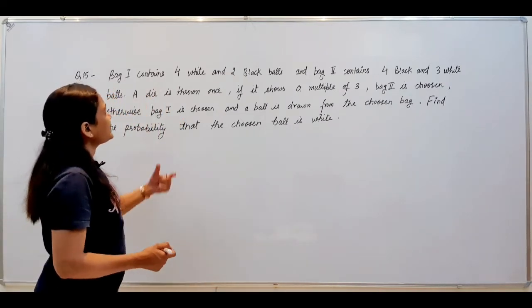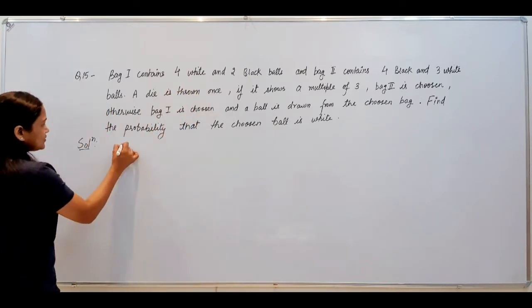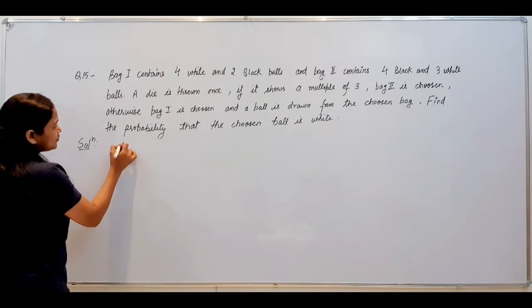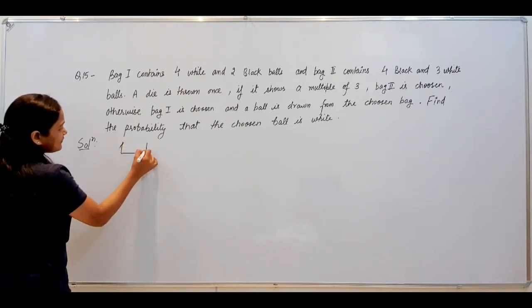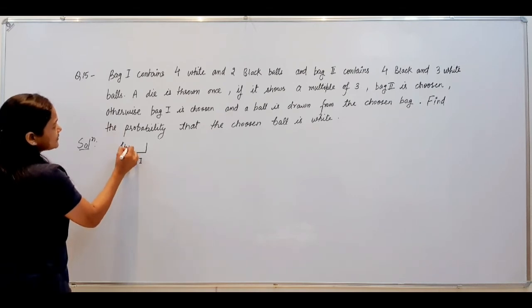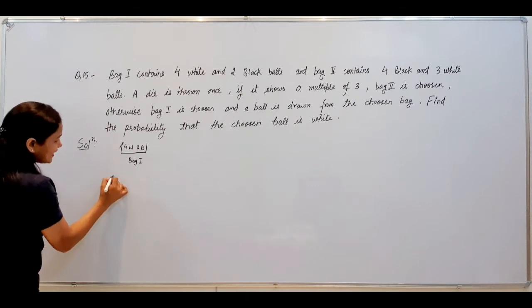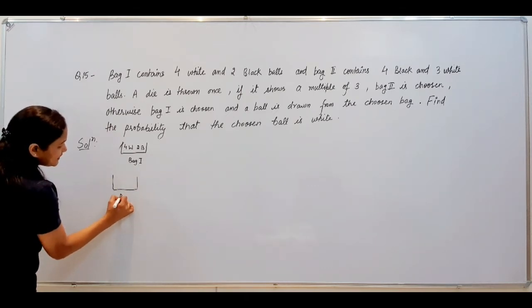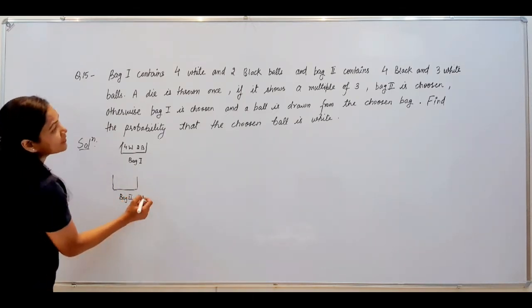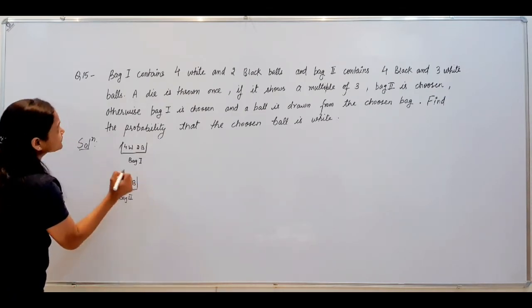So we can make a partition on the bags, that is, which bag is chosen. So first of all, you have two bags. Your bag 1 contains 4 white and 2 black balls, and bag 2 contains 3 white and 4 black balls.